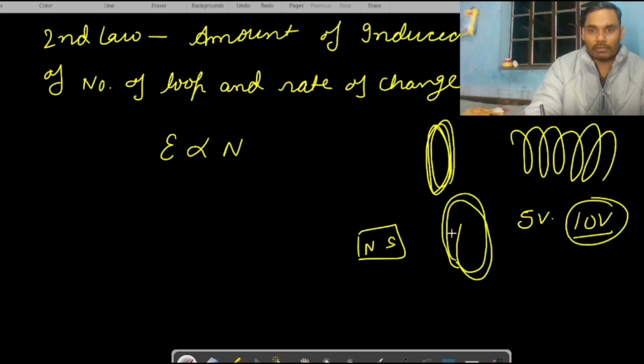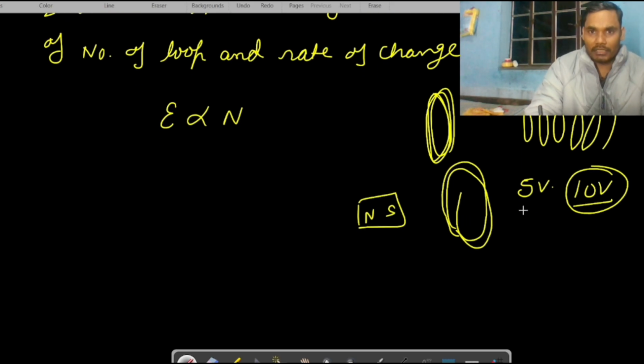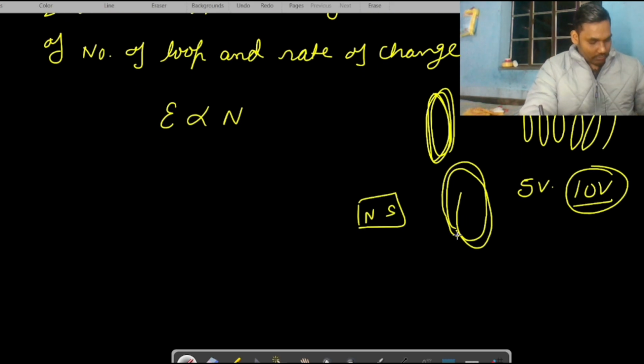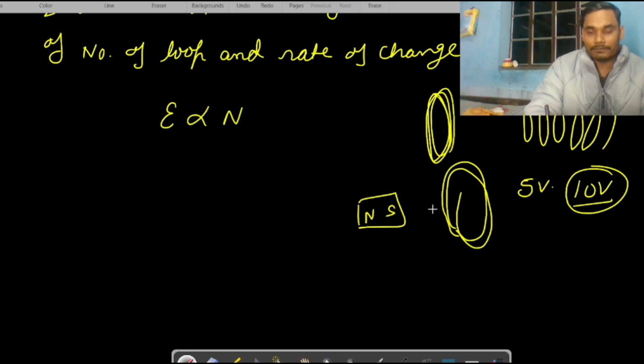How is it possible? Is it free energy? No. Because according to conservation of energy, without input we can't get any output energy. So when you double the turns, you get double voltage.